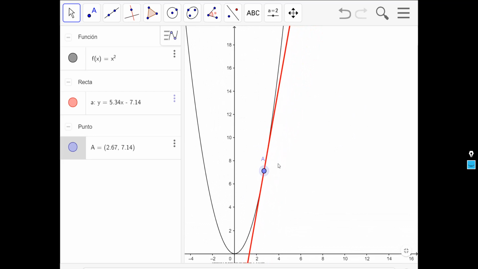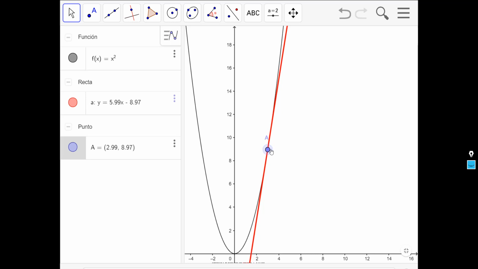Now, what was the second value? The second value was 3, right? Yeah, it was 3. So let's put A such that the x coordinate will be 3. We're close. Let's move it. There it is. You can also work with the keyboard with the arrows.